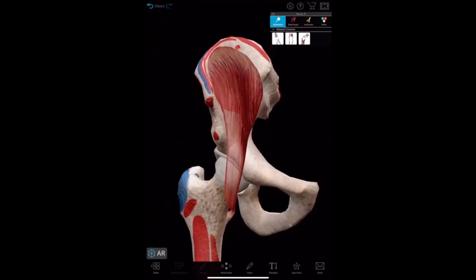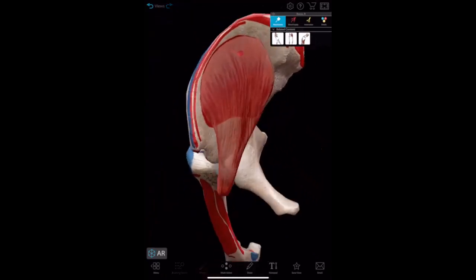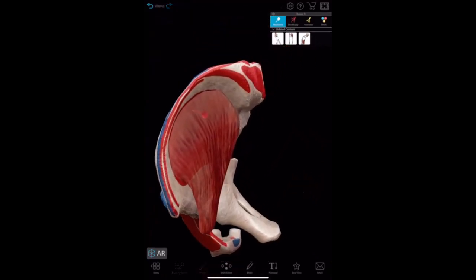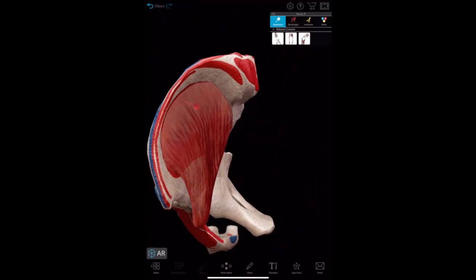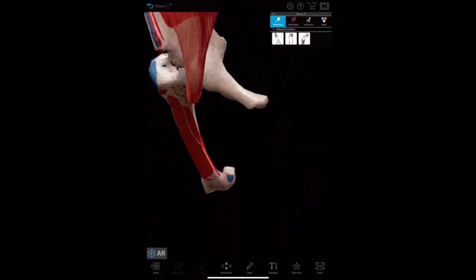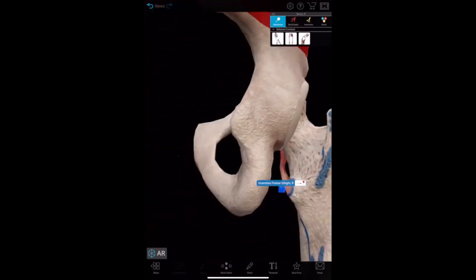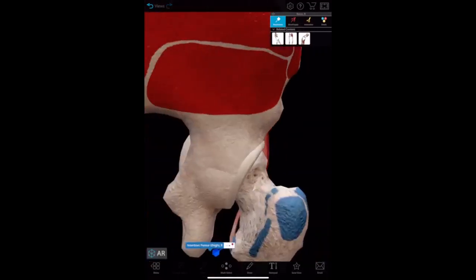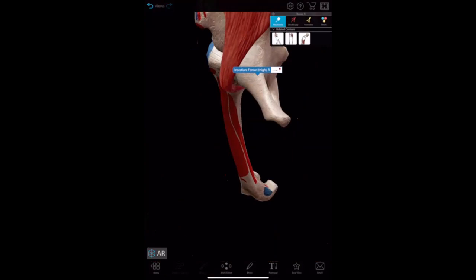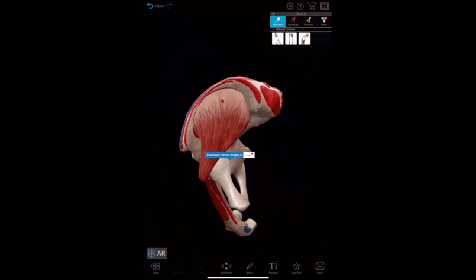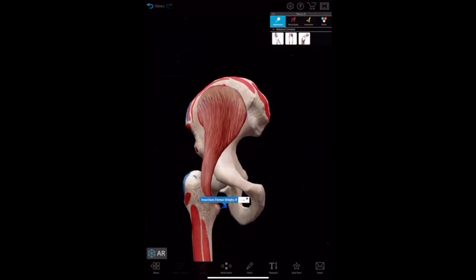We'll see. Okay, this is the origin, right? Along those lines. And this is where it is inserted, the lesser trochanter. Okay, origin and insertion.